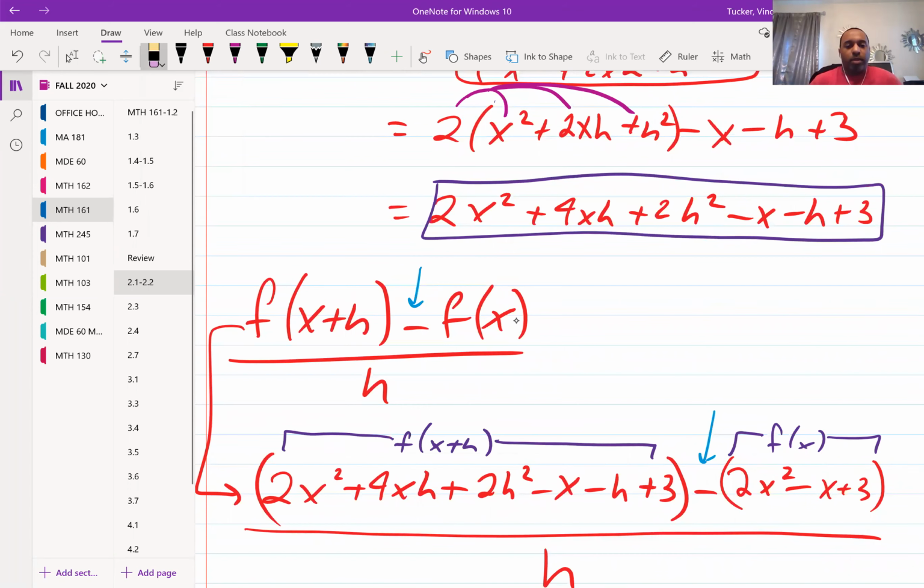So you see f of x plus h minus f of x over h. So the blue arrow is just pointing out where the minus sign is in the formula, and when we plug in the expression of the formula. All right. Any problems?